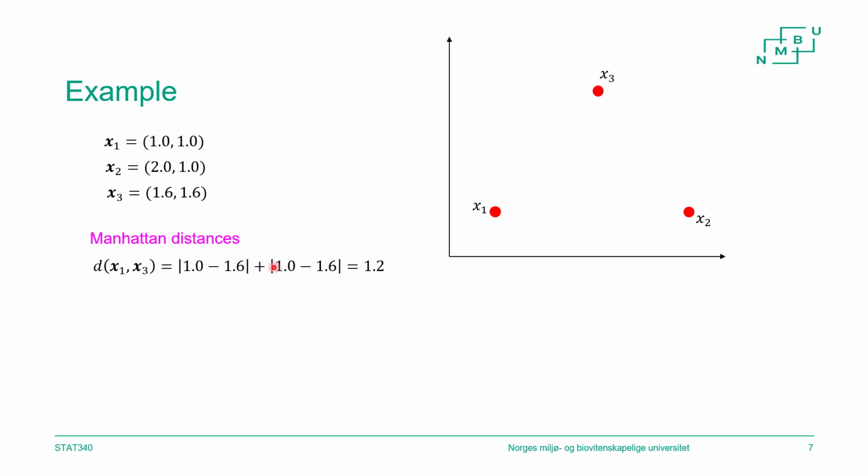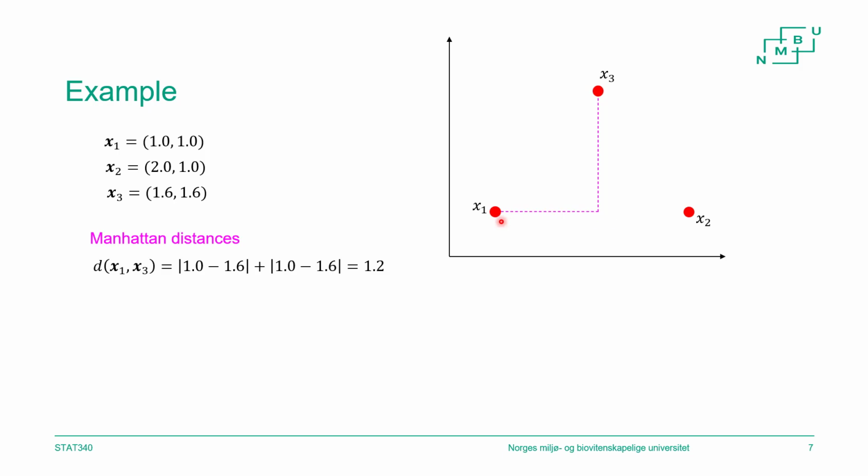Then we go to the second column and do the same thing. Look at the absolute difference. So this is 0.6 and this is also 0.6, and added together it is 1.2. That's the Manhattan distance here. And this is how we actually compute it.